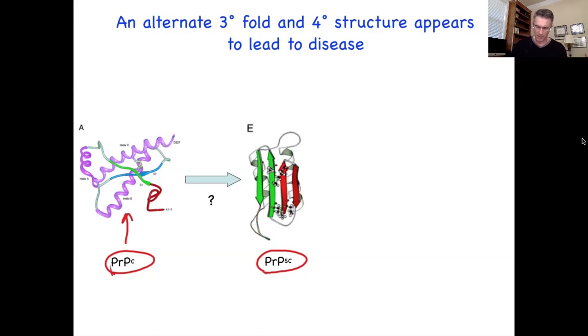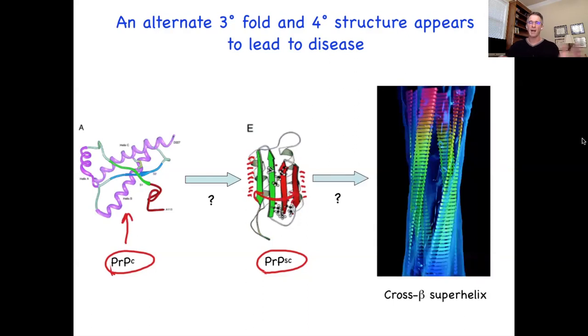This version of this protein has unsatisfied hydrogen bonding off the edges of that beta sheet and an interaction surface here on the top of that sheet that really, really likes to stack with another protein that looks like this, and then form a continuing beta sheet.